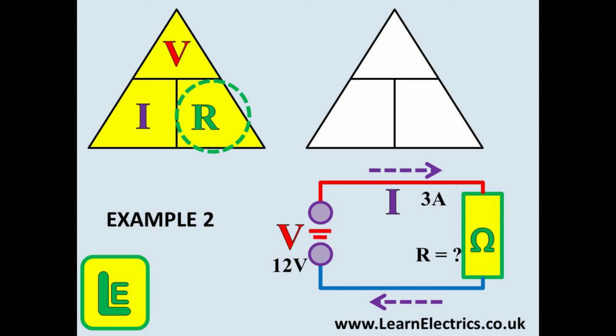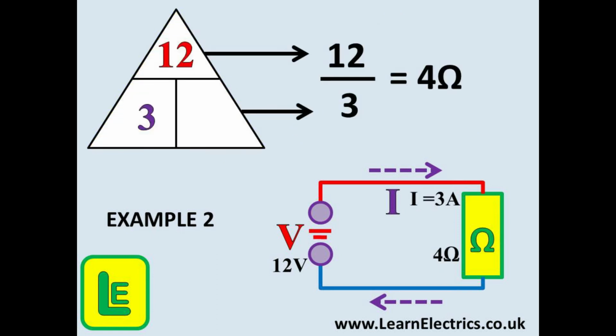Put this next to the I on the diagram. Put what you know into the white triangle, which should be 12 on top and 3 on the bottom. Move the numbers out of the triangle, and hey presto, there is our calculation, 12 over 3. This will give us an answer of 4 ohms. So, if 3 amps is flowing in a 12 volt circuit, then the resistance must be 4 ohms.